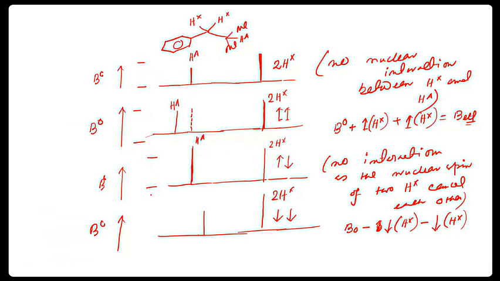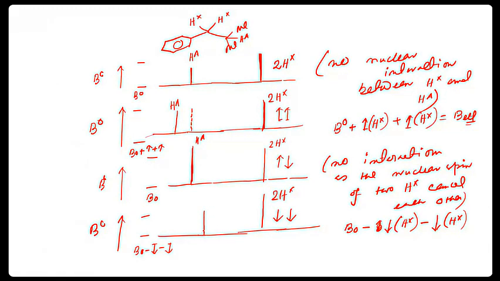So this splitting arises from B0. This splitting arises from B0 plus this. That's quite higher. And for this it is B0 minus this. Okay, is it clear? That's why it's quite on this side. So if we put together, what do we get? We get this thing, and these things.